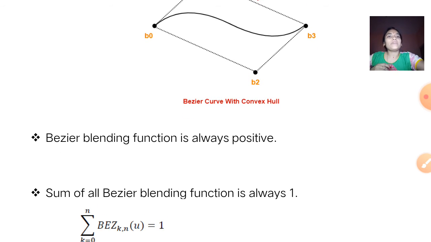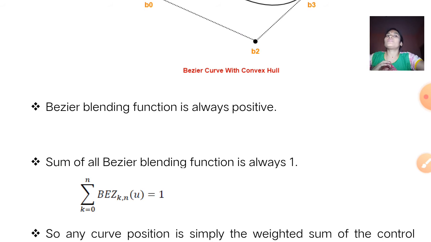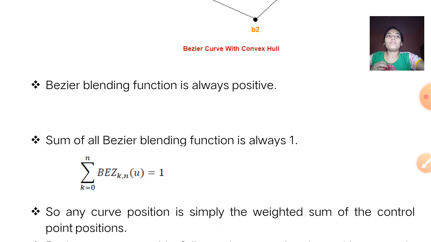Now, Bezier blending functions are always positive. The sum of all Bezier blending functions is always 1. That means summation k equals 0 to n of BEZ(k,n)(u) equals 1.